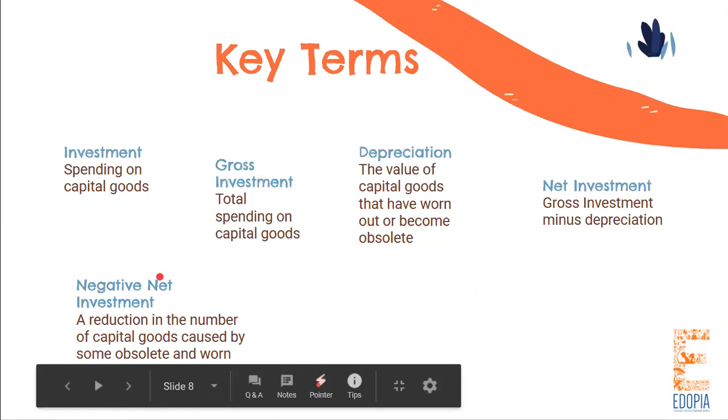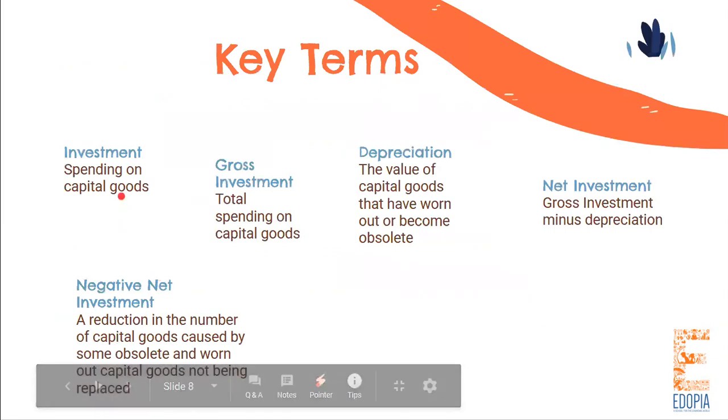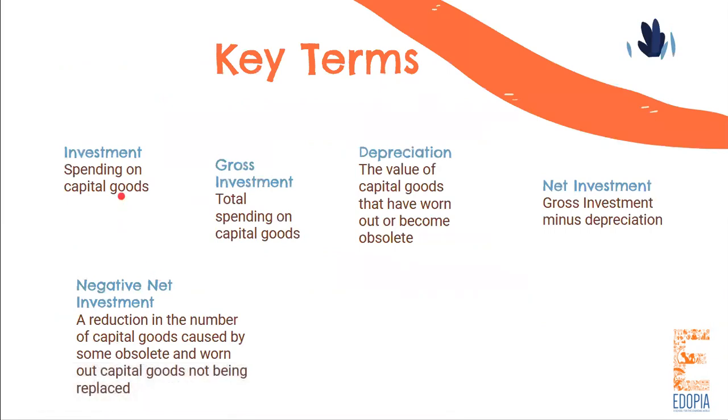Now, looking at the key terms, investment. Investment is the spending on capital. So, what would be the gross investment? It would be the total spending on capital. And depreciation is the wearing and tearing of that capital, how the capital becomes obsolete over time. And what is net investment?